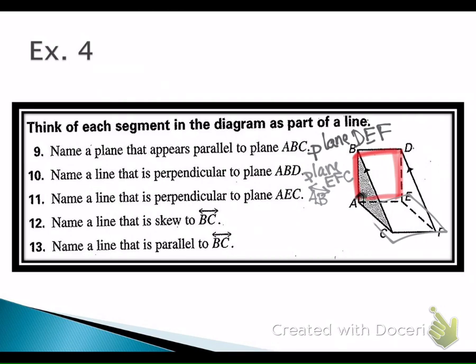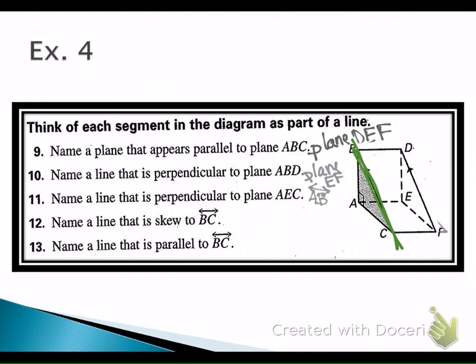Give me a second to clean this up. We got a lot going on over here. BC would be this one. What's a line that's skewed to that? BEF. Well, they would intersect at B. So you're on the right track, but they would still intersect.